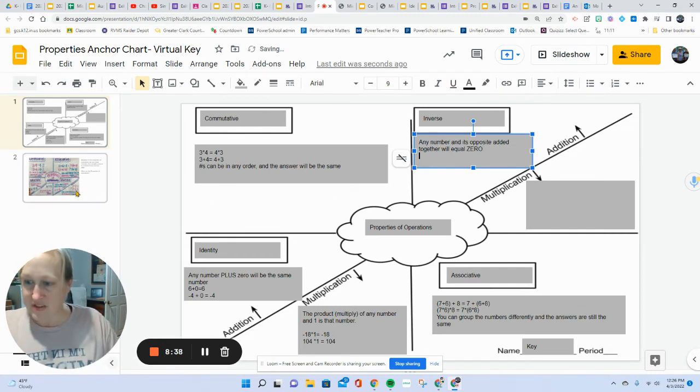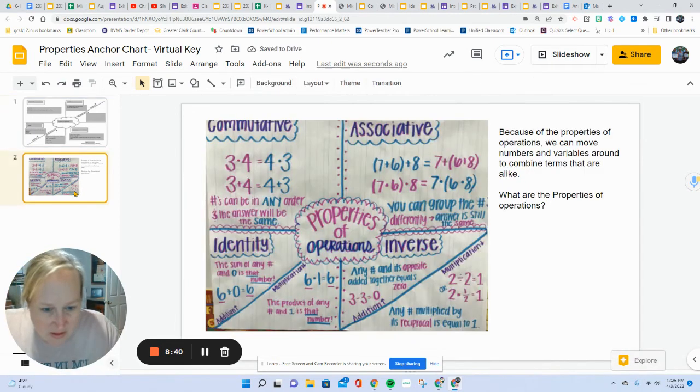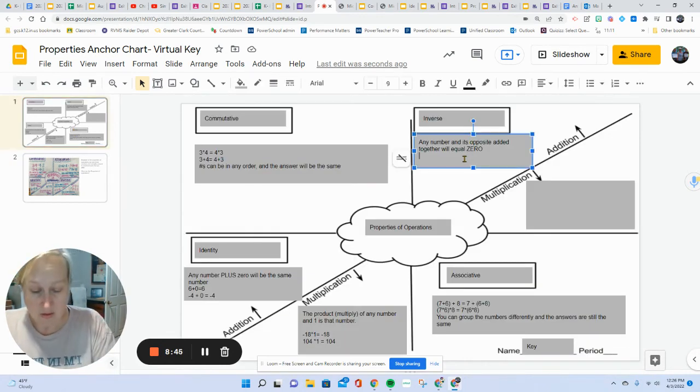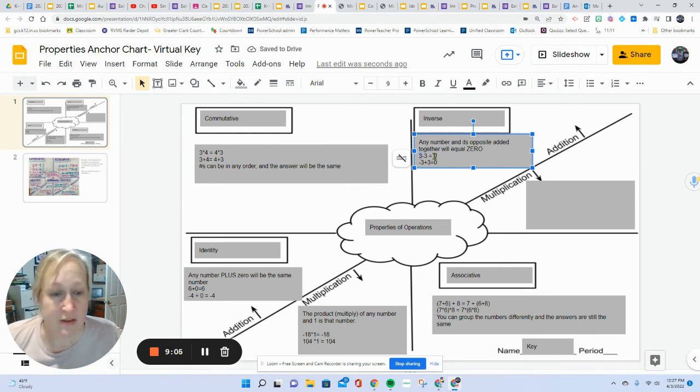And some examples that they use for that is 3 minus 3 is 0. That's pretty easy. 3 minus 3 equals 0, because those are opposites. You could also do -3, which is the opposite. What is the opposite of -3? Positive 3 equals 0.